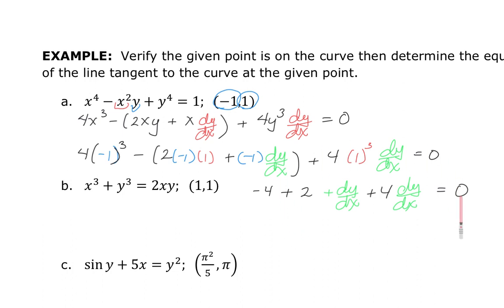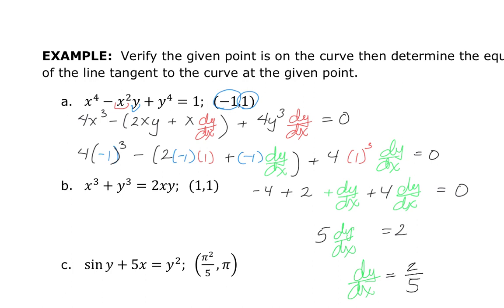I need to bring that to the other side. So I end up with 2 on the right-hand side. And then here I have 1 dy/dx plus 4 more dy/dx, which is 5 dy/dx. Solving for dy/dx, I get dy/dx is going to equal 2/5.